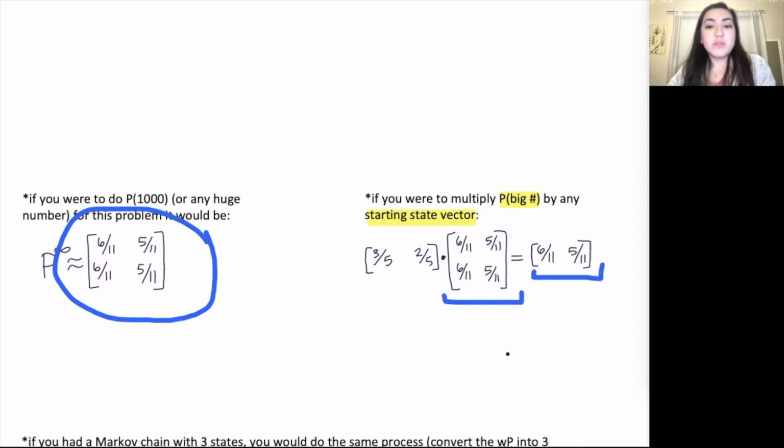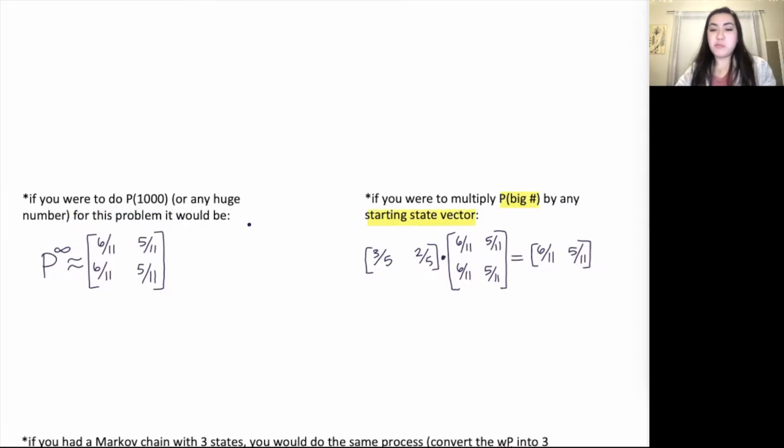So this can prove that no matter where you start, if you tried to predict way out into the future, so P stepping 1,000, a million, 100 forward, the probabilities of being in state 1 or state 2 are going to be the same every single time, no matter where you started. So you can change this however you want. Multiplied by this, it's going to be 6/11 over 5/11. Okay, so those won't come up too much, but they are interesting facts that could get woven into some hard problems.